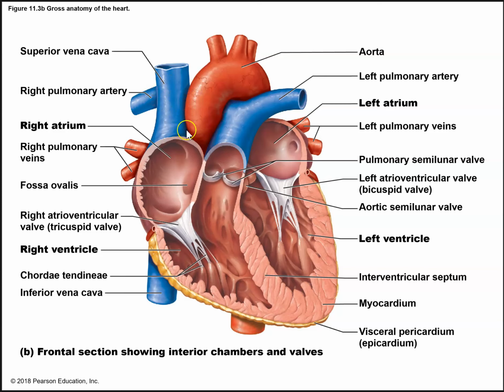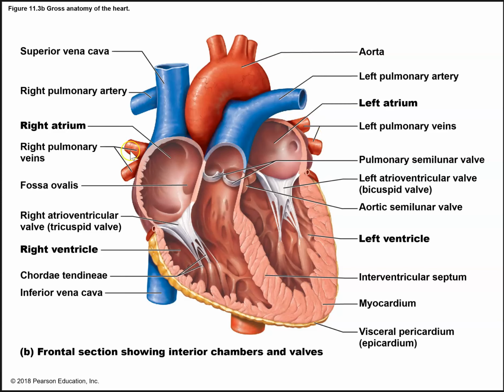Now there are exceptions, like this structure over here. You call it the pulmonary trunk. The pulmonary trunk is involved in carrying deoxygenated blood to the lungs. So this blood vessel is called a pulmonary artery, and it is involved in the pulmonary circuit. And right over here, you see the pulmonary veins.